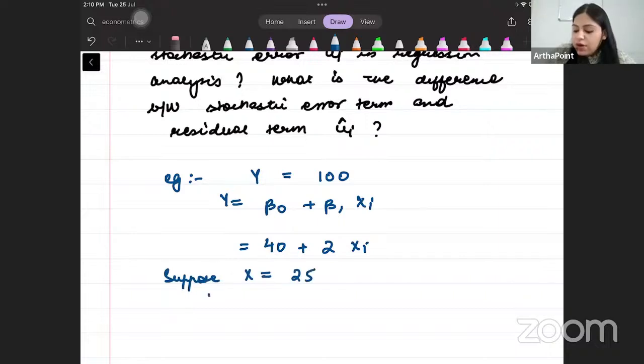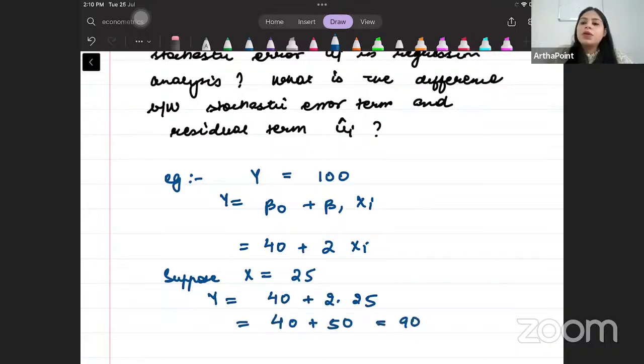Then beta, what will be your expected yi? 40 plus 2 into 25. It will be 40 plus 50, which will be 90. Beta, this is expected y, क्योंकि ये model है ना, and this is actual y.